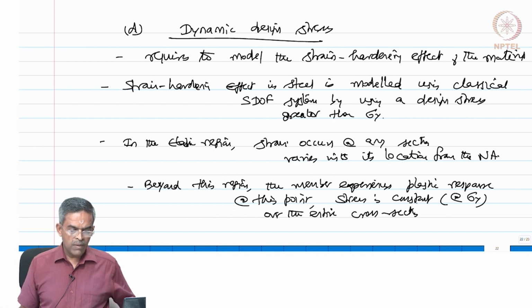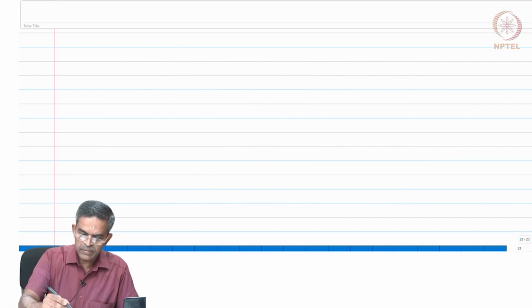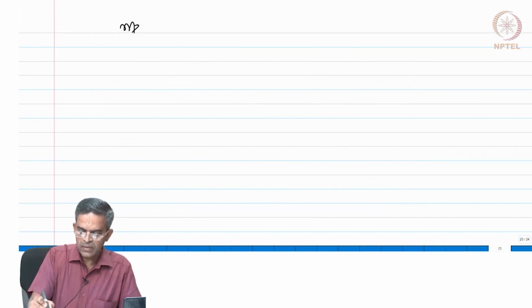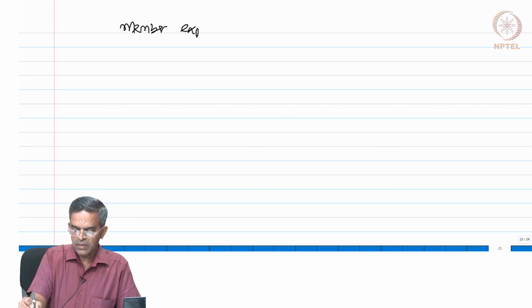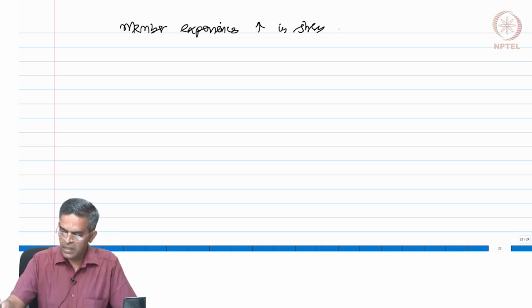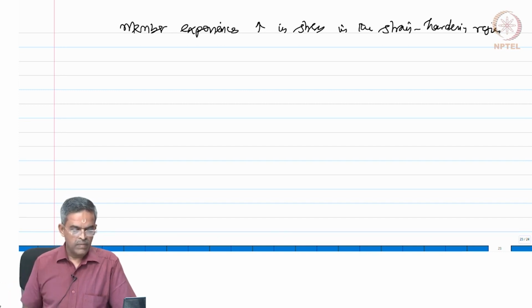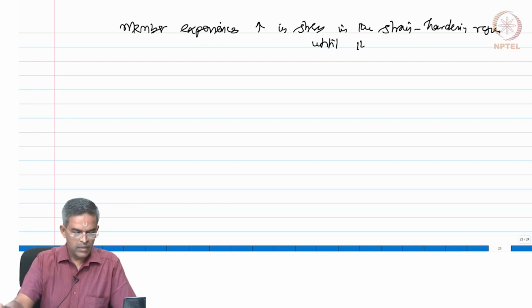Okay. So, the steel member experiences increase in stress in the strain hardening region until the ultimate stress is reached.